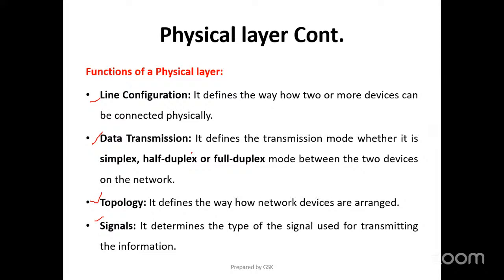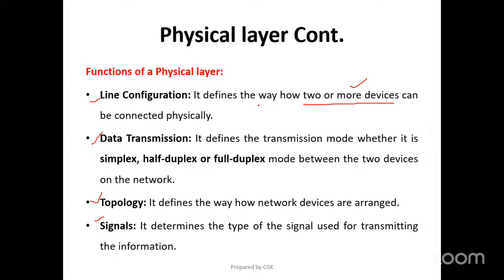Point-to-point configuration means the complete link is shared by only two devices, and in multi-point configuration, the same link can be shared by more than two devices. So line configuration is a functionality of the physical layer.